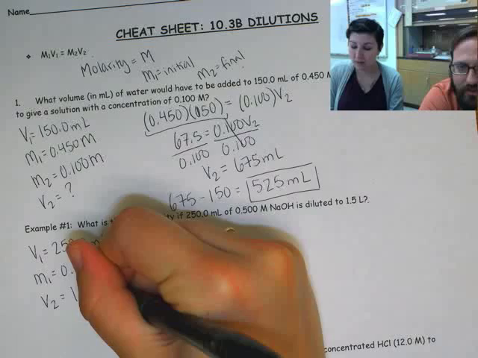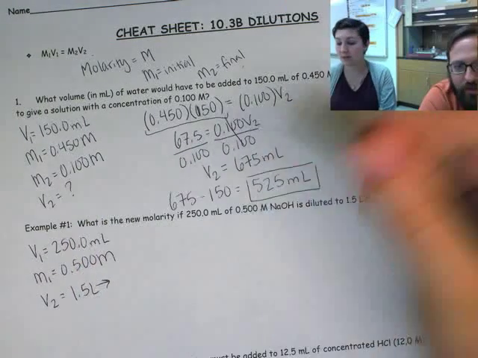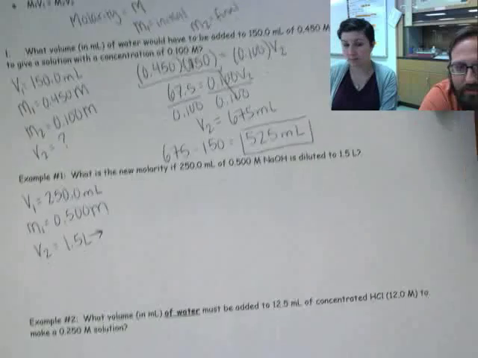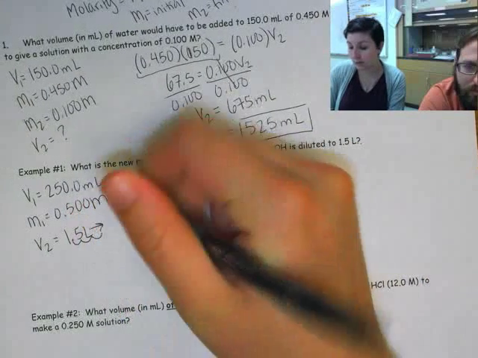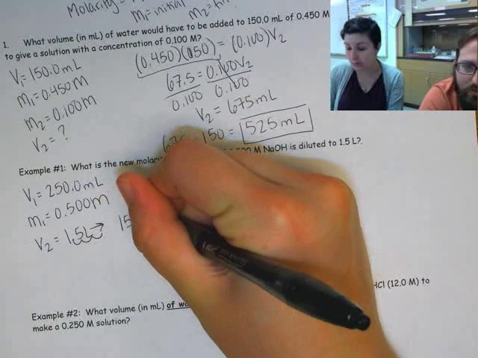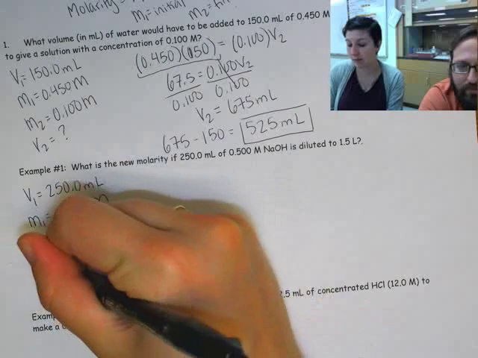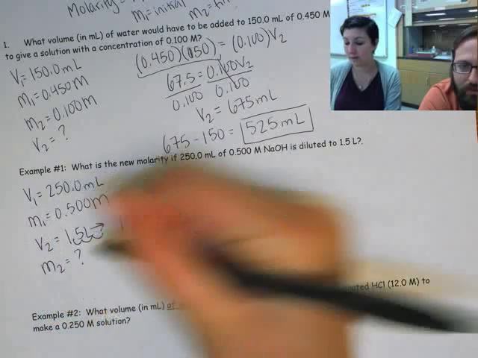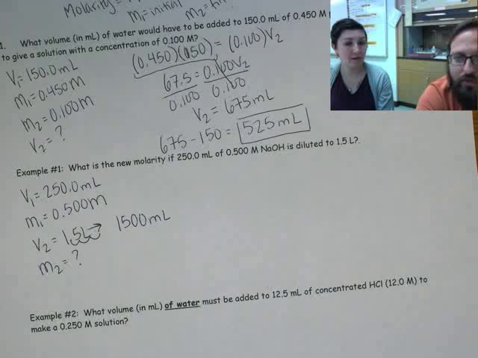Going from liters to milliliters, we move the decimal place to the right 3 places, so that's 1500 milliliters. And we're trying to find M2. We could have converted both into liters, but I like the bigger numbers better.